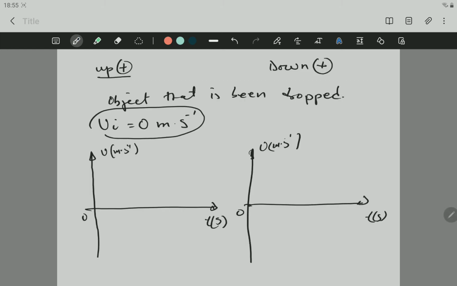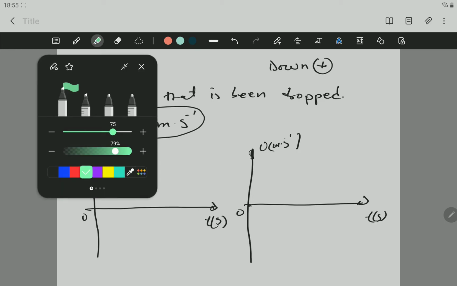So let me draw the axis and I'll be back with you when they're drawn. All right, here we are. So the same as before, we're going to have two scenarios, up positive or down positive. Now, in both cases, in this scenario, the object is going to be dropped. So the initial velocity is 0.